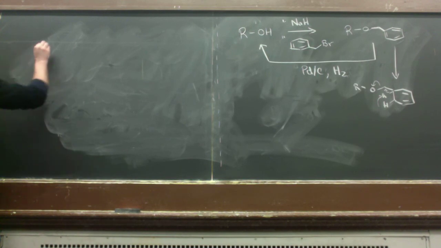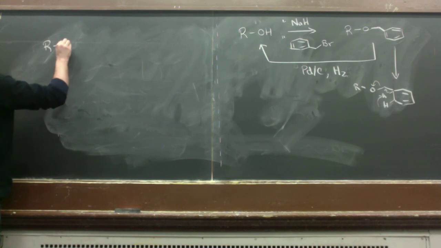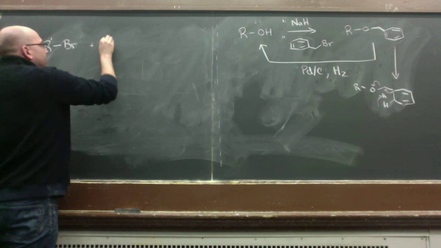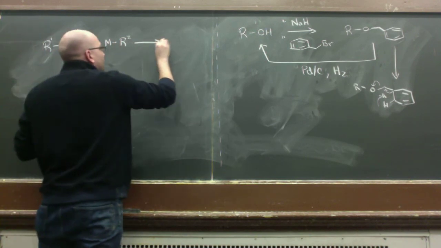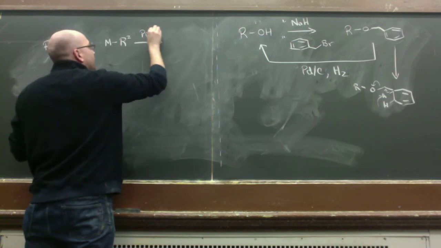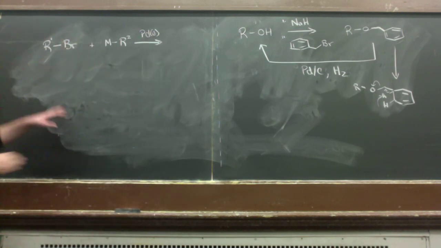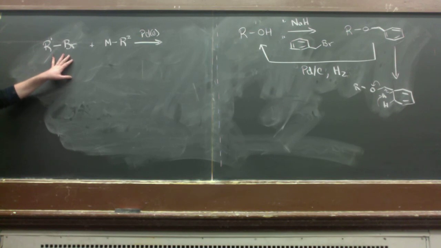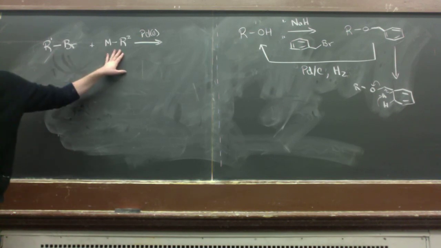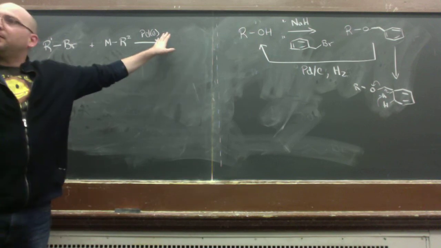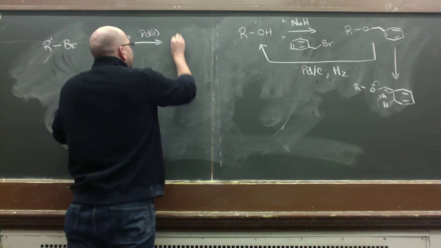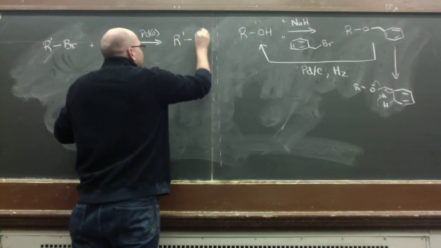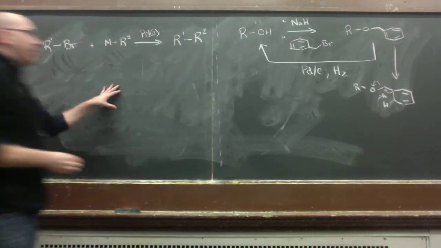But just as a reminder, what we have here is a very powerful method, right, where you can take an alkyl halide, like an alkyl bromide, and an alkyl metal, right, and under palladium-assisted processes, palladium catalysis, what you can get to is a carbon-carbon bond, right?